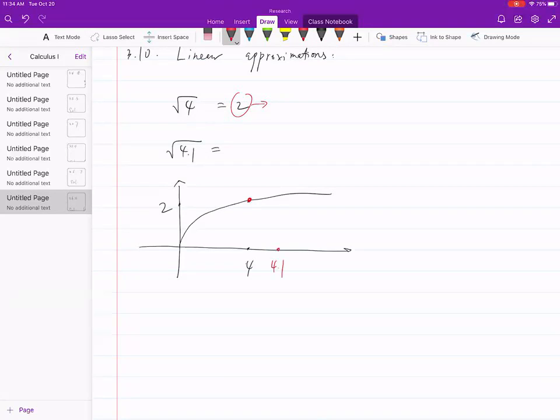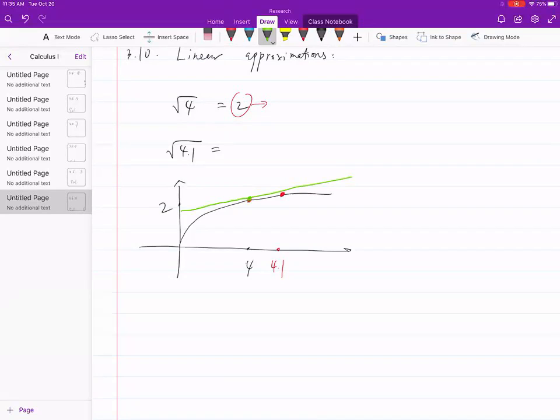What you really want is this point, and of course, you don't know how to get it. So instead, what you can do is find the tangent line here. You take the derivative.